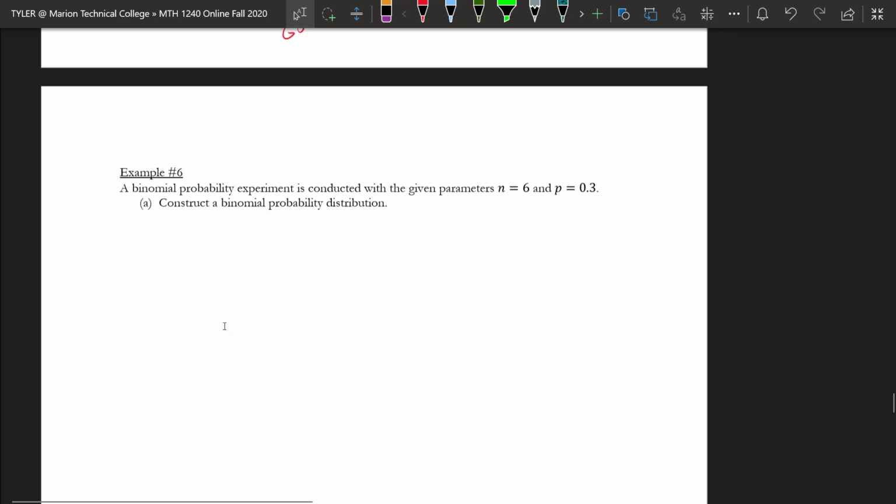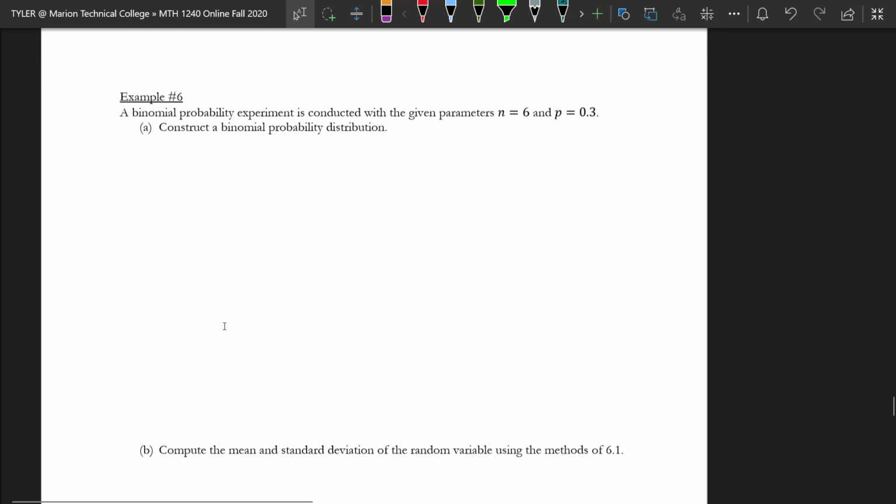All right. So I have one example left. Example 6 says a binomial probability experiment is conducted with the given parameters n equals 6 and p equals 0.3. In part A, we want to construct a binomial probability distribution.